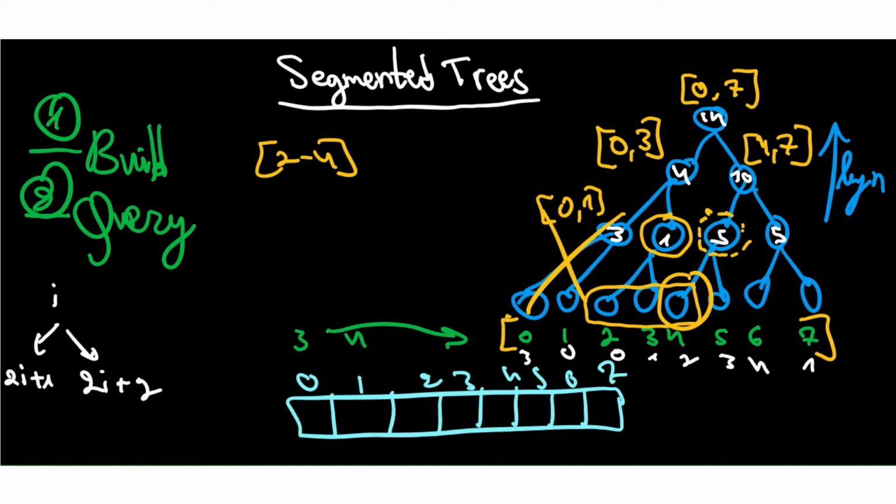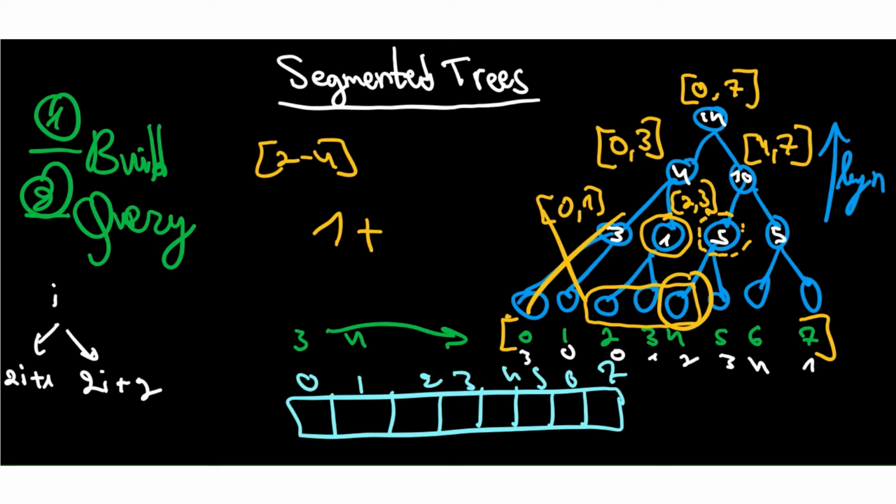Doesn't do anything for us. But the range 2 to 3 that we know that we have here is fully included in 2 to 4. So we can already return it. Okay, and we don't need to get to the actual children. So we finished with this, and now you go with the recursion to here.